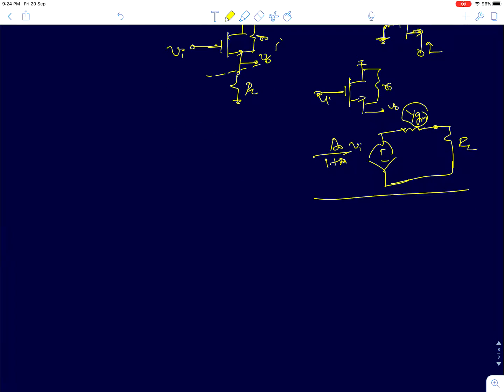Okay, so this is actually 1 by Gm parallel R0, which can be written as R0 by 1 plus Gm R0. This can also be written as R0 by 1 plus A0. Okay, but if you assume Gm R0 much greater than 1, you can approximate it to 1 by Gm. So your overall gain is going to be A0 by 1 plus A0 into RL by 1 by Gm plus RL.